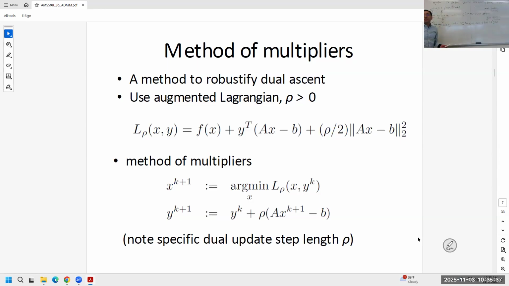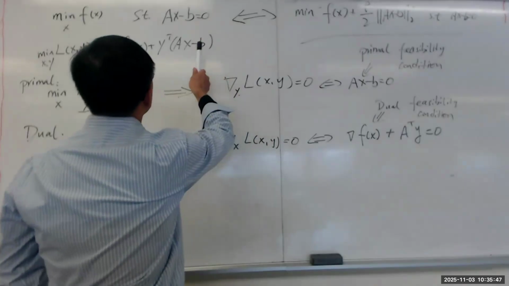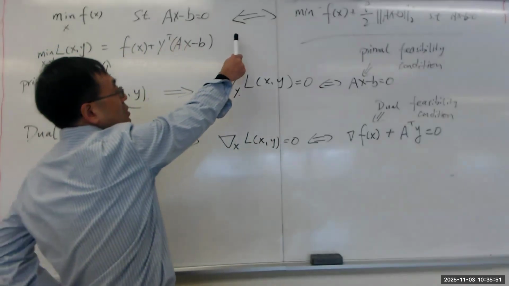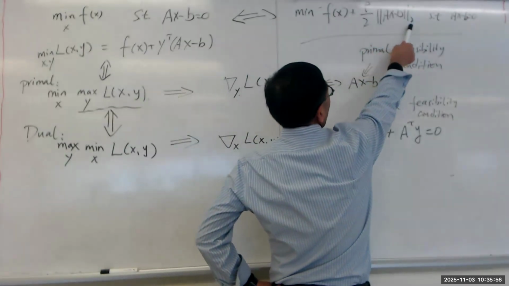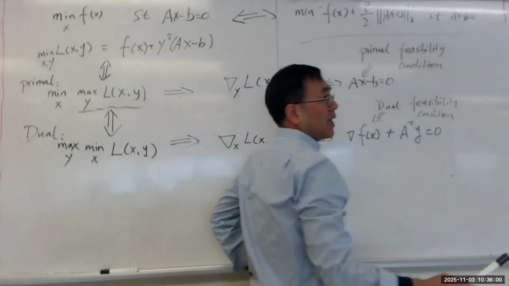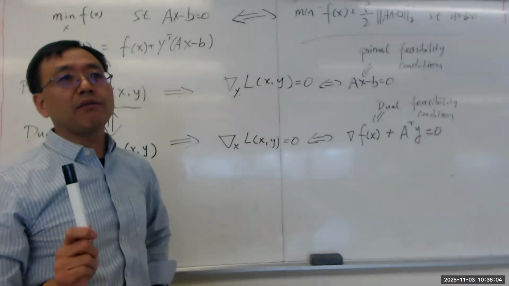These two are the same, right? Because your feasible region is what? For those on Zoom, I'm basically saying the original problem is equivalent to the one with the added L2 term, subject to Ax minus b equals 0. They're the same because to be a minimizer, you have to be feasible.